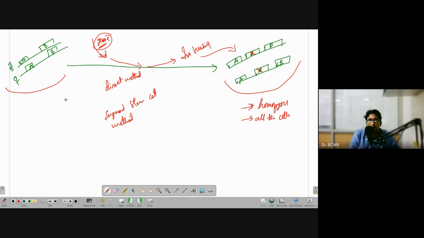The engineered stem cell method is a little bit indirect. We take the embryonic stem cells, and in those embryonic stem cells we make this construct A, X, and B. We make this genetic manipulation, and those that are positive we take and put into a blastocyst, which will give rise to a chimera.